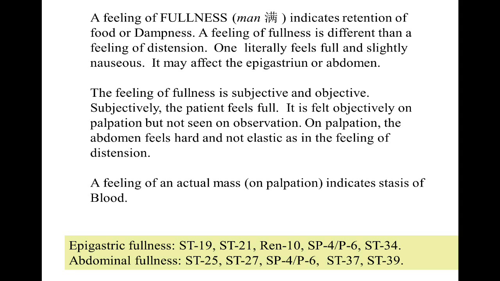And there is a passage actually in the Neijing which says that. The passage says the real He points of the small intestine and large intestine are 37 and 39 on the legs.